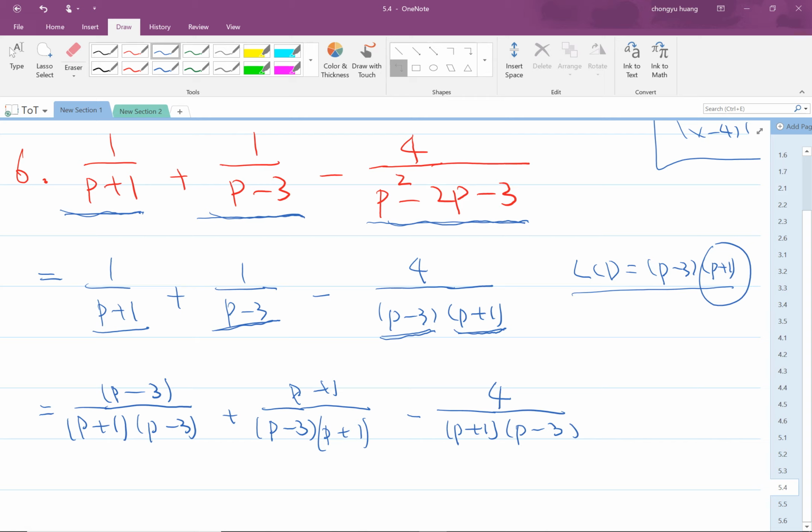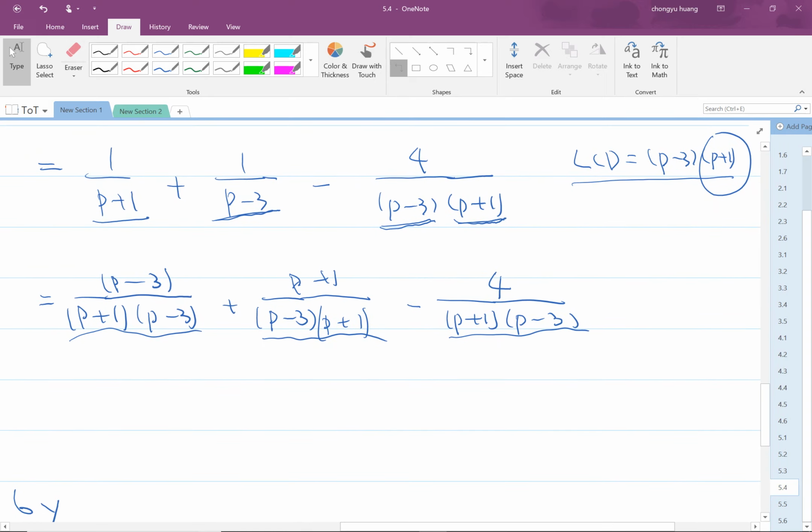So now you can see we have the same denominator, right? So now we find the least common denominator, which means we are able to apply the property. Sorry for the miswriting.